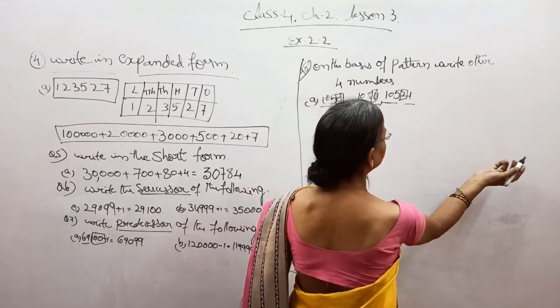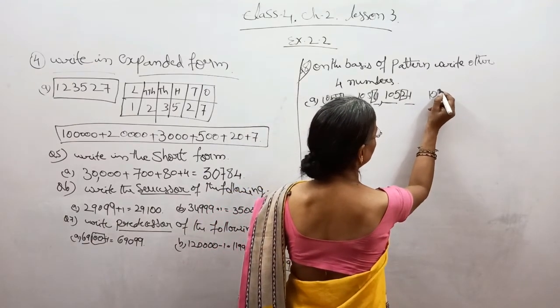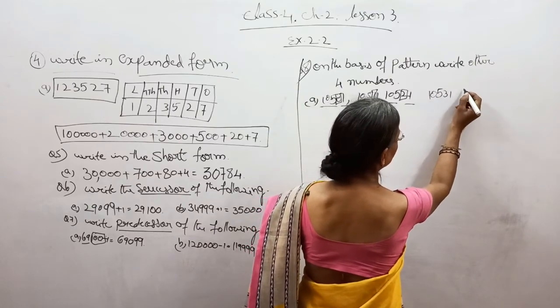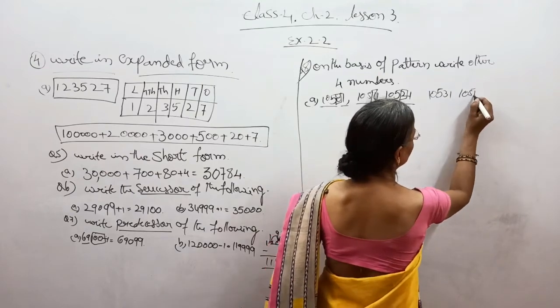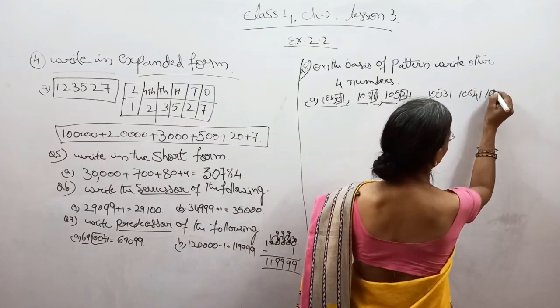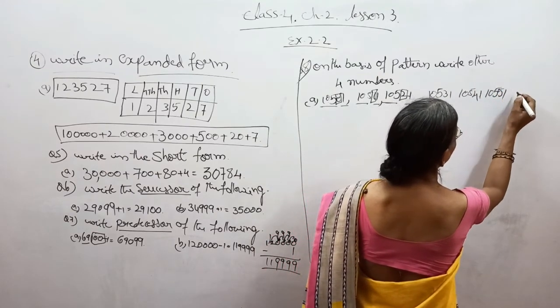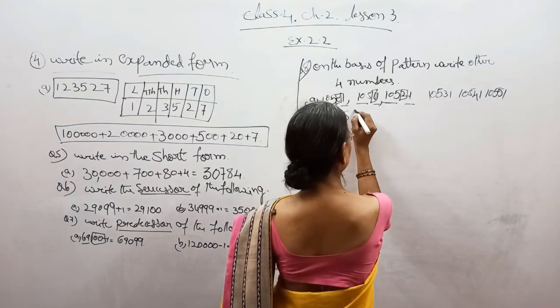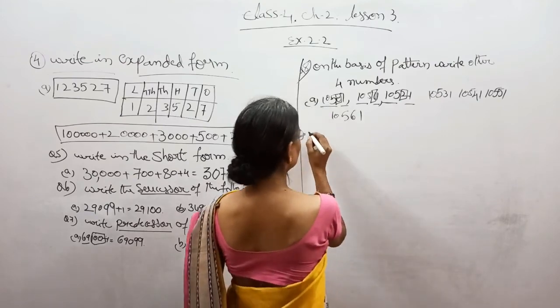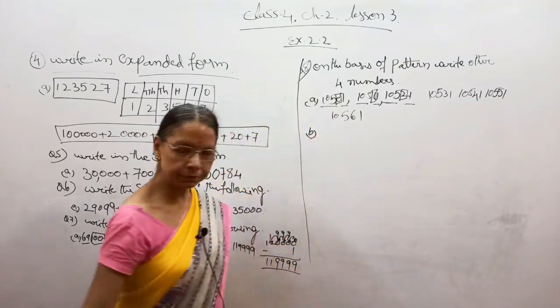Then we write 10,531, then 10,541, then 10,551, and lastly 10,561.